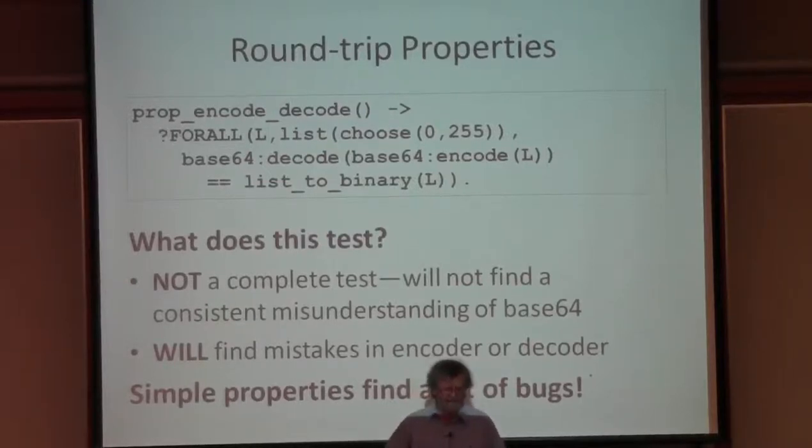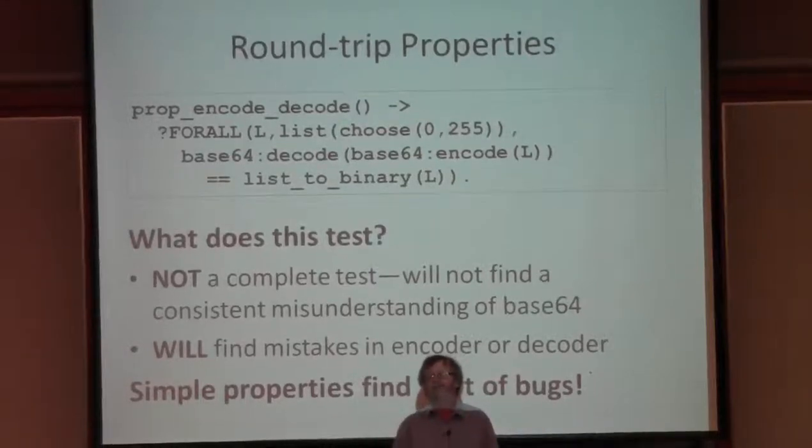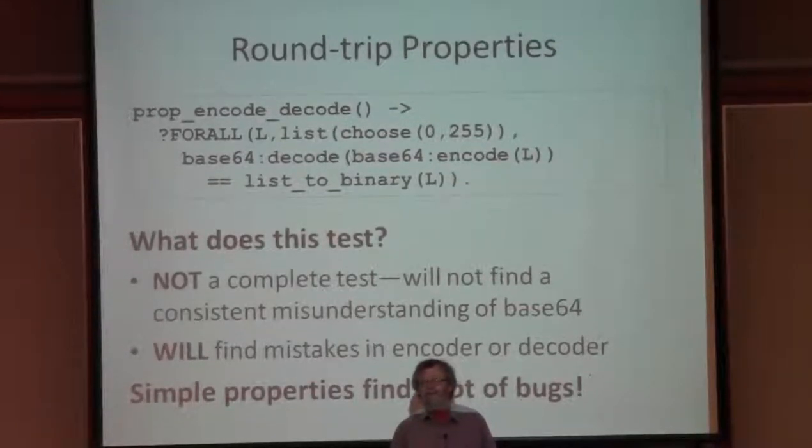And in practice, a good way to test this code might well be to write this property and then reuse the unit tests that I already showed you, because those do test that in those two cases at least, it's really base 64 encoding that we're doing. The property will guarantee that the bugs will be found.